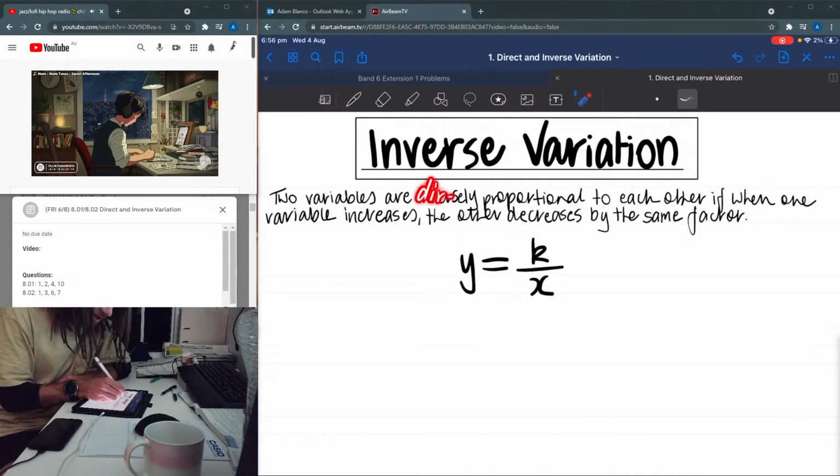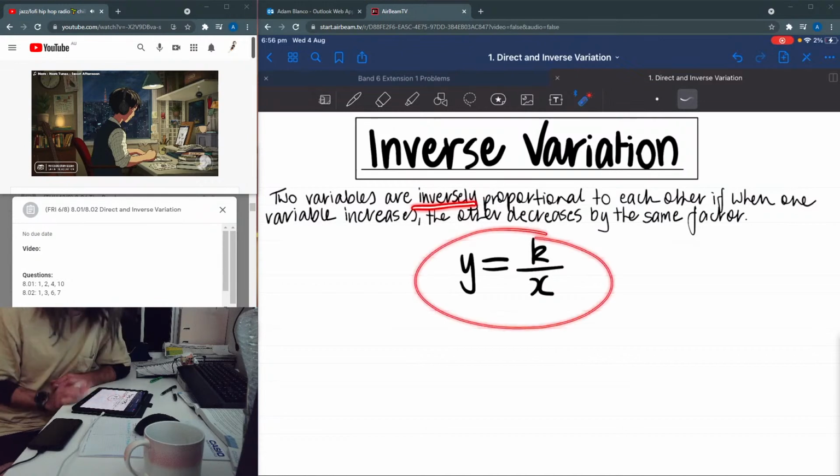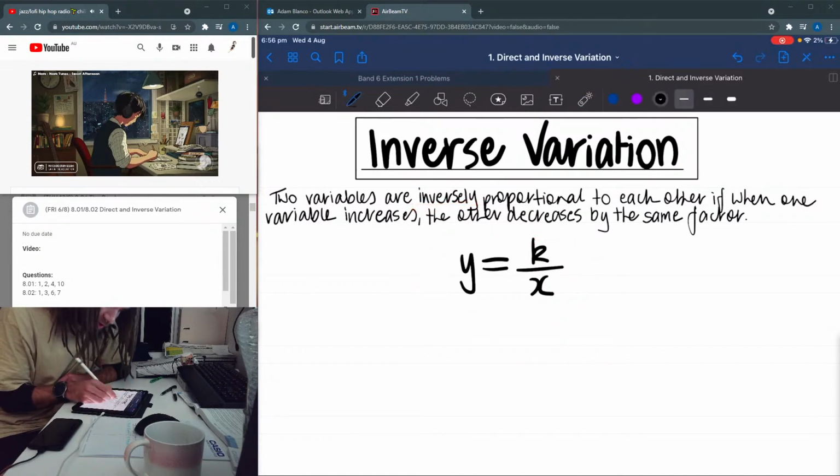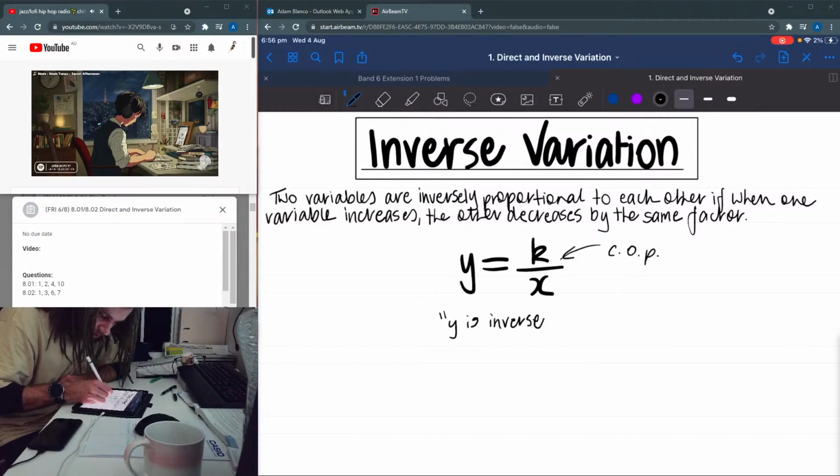If this was direct, you would just write equals kx. Instead, if it says inversely, you just write this. That's the only difference. Same thing. This is the constant of proportionality. This means y is inversely proportional to x. That's all that says.